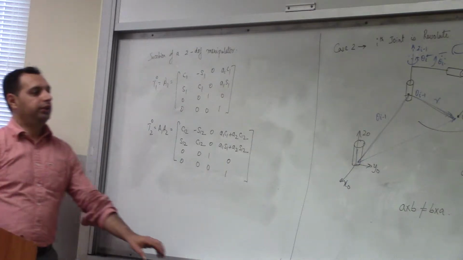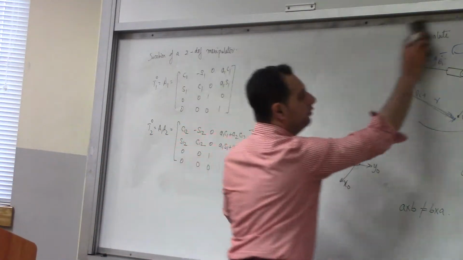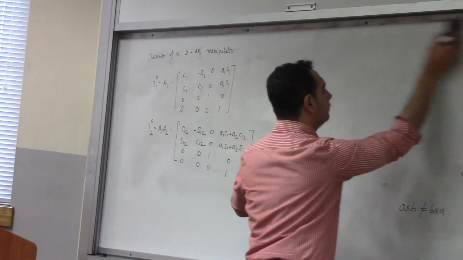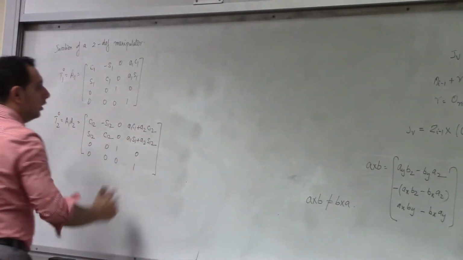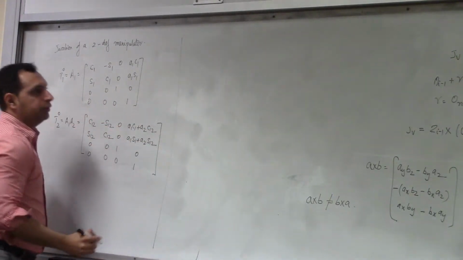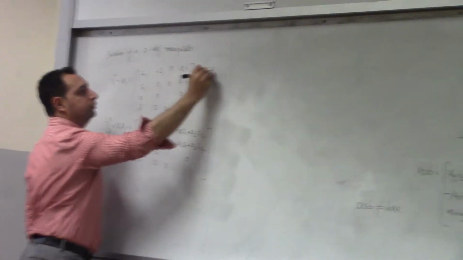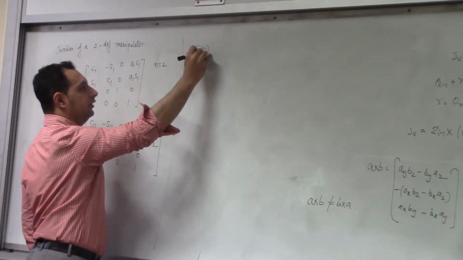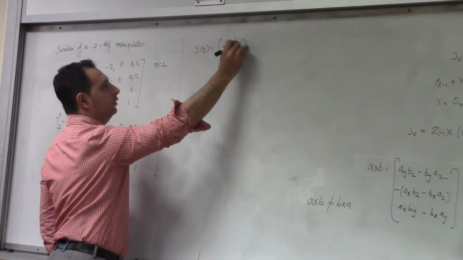Alright, now you need to tell me what is the Jacobian in this case. So this is a 2 degree of freedom manipulator, so n is equal to 2. J of Q will have J1 and J2.